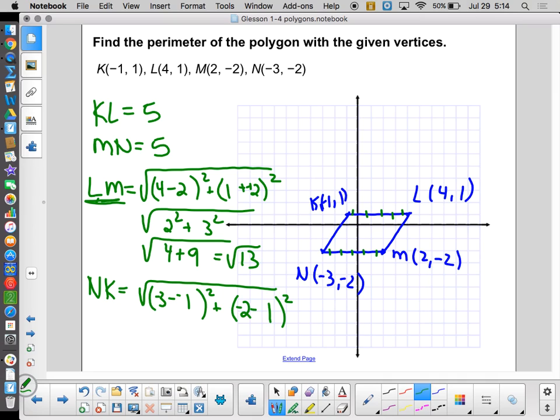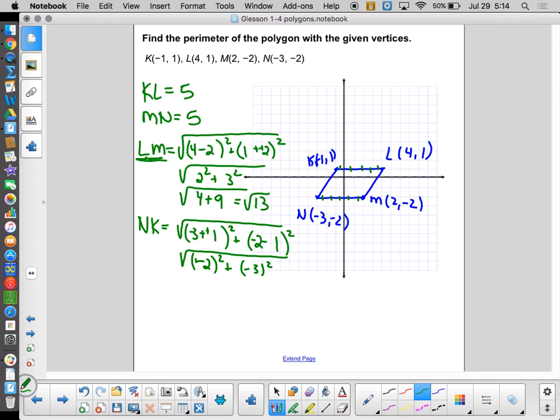Sorry, minus -1 there. That's much better. I was confused for a second. It wasn't working out. Watch that negative sign. -3 minus -1, -3 plus 1 is -2 squared plus -3 squared, or the square root of 4 plus 9, which is, again, the square root of 13.